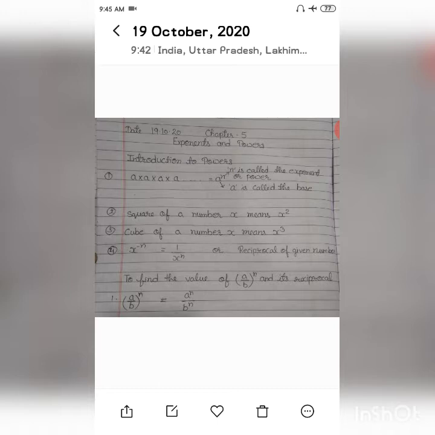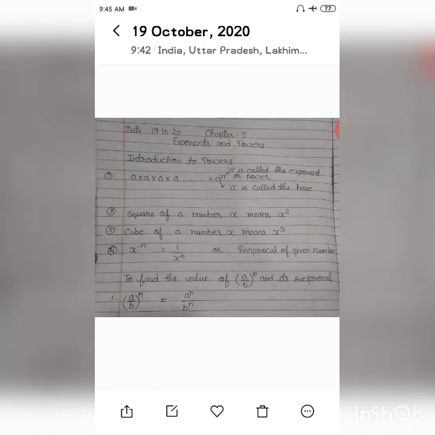Second point is square of a number. Suppose we are taking x, it means square, we can write x power 2. Third point is cube of a number. Suppose we are taking number x, so we can write x power 3, or we can say x power cube.